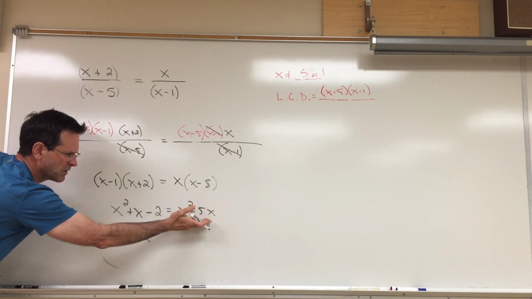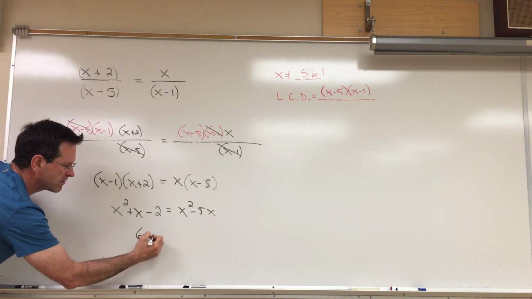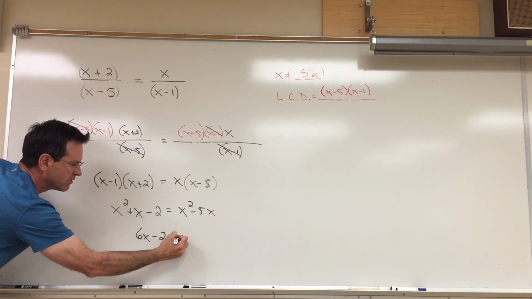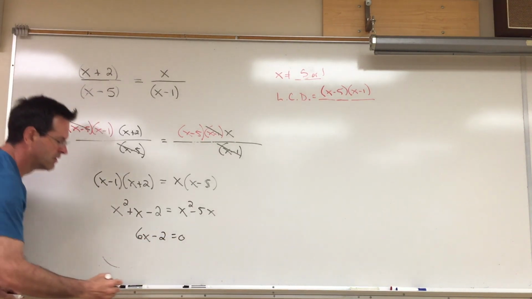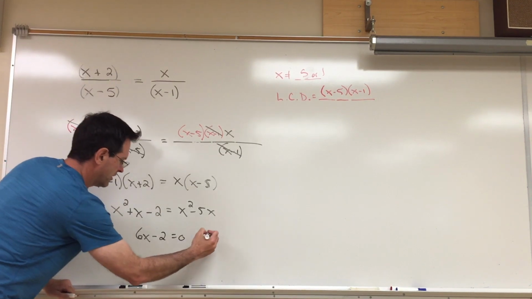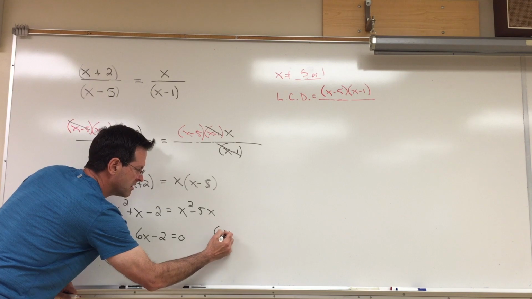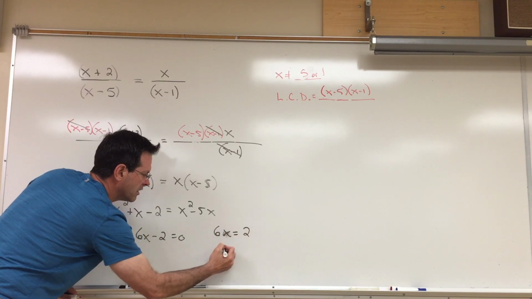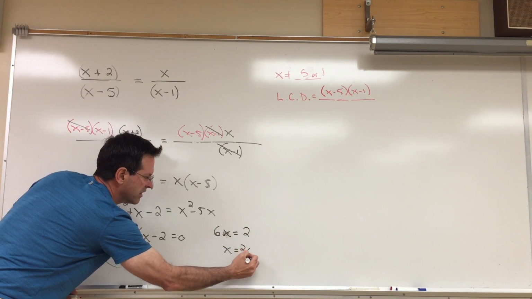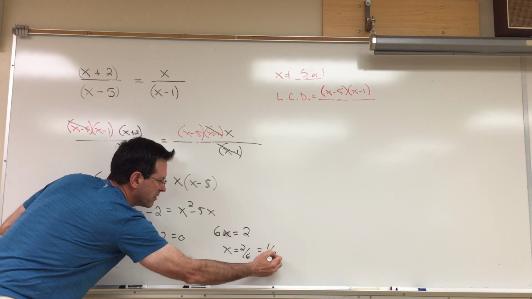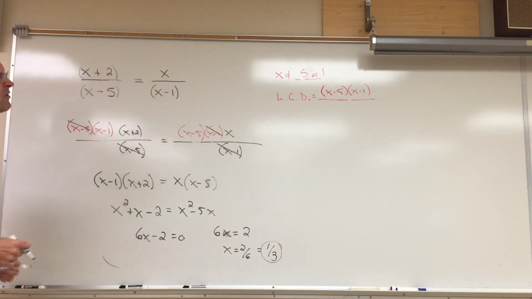If we bring everything from the right side to the left side, we end up with 6x minus 2 equals 0. Let's see here, 6x equals 2. X equals 2 over 6, which reduces to 1/3. Is it a non-permissible value? Nope. That's our solution to the equation.